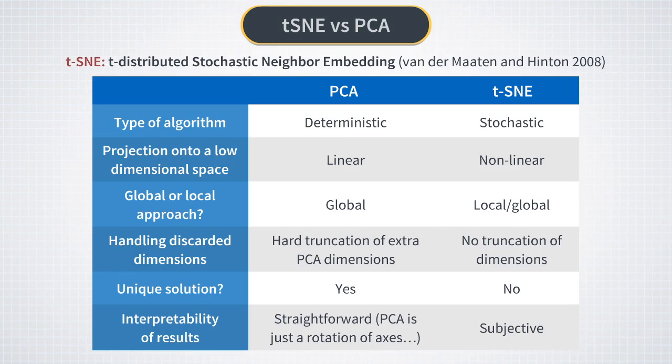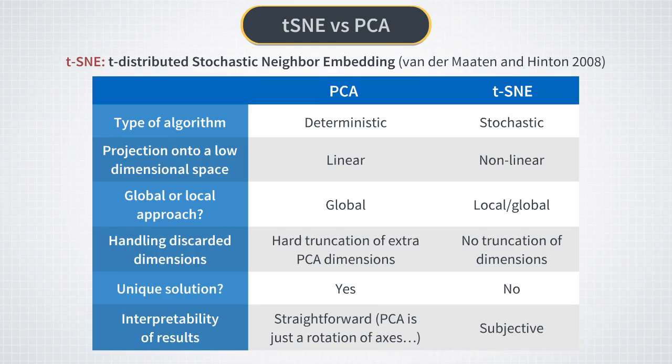Finally, the last major difference between the two methods deals with interpretability. While the PCA is straightforward to interpret, it's just the rotation of coordinates, the results of the tSNE are sometimes not easy to interpret, as we will see shortly.